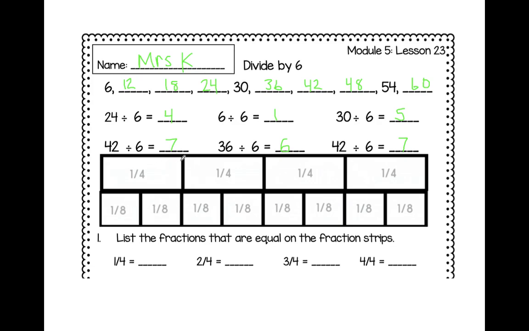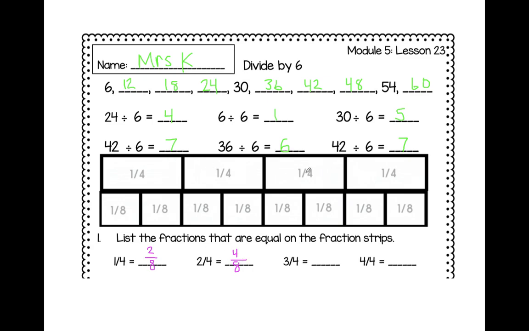When we look at that, we can compare it, and we can see how many 8ths are equal to 1/4? We have 2 8ths equal to 1/4. If I have 2/4, so I have 1, 2, how many 8ths are equal to 2/4? We have 4 8ths.